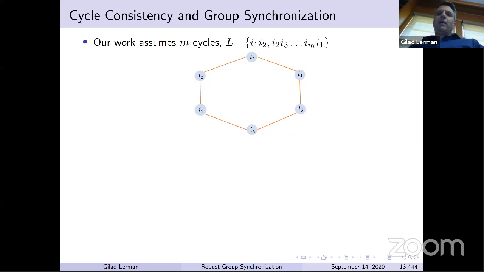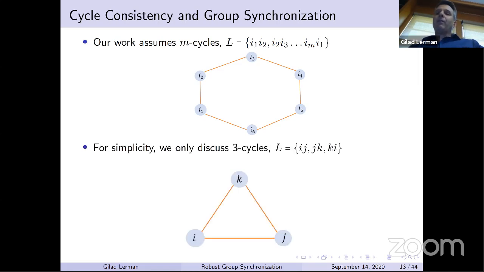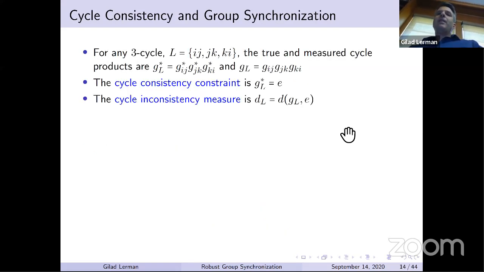First of all, you all know what a cycle is, and this is just a demonstration. For simplicity of the talk, let's just focus on 3-cycles, so just on triangles with 3 nodes in the graph. Given 3-cycles, we can talk about the true and measured cycle product.